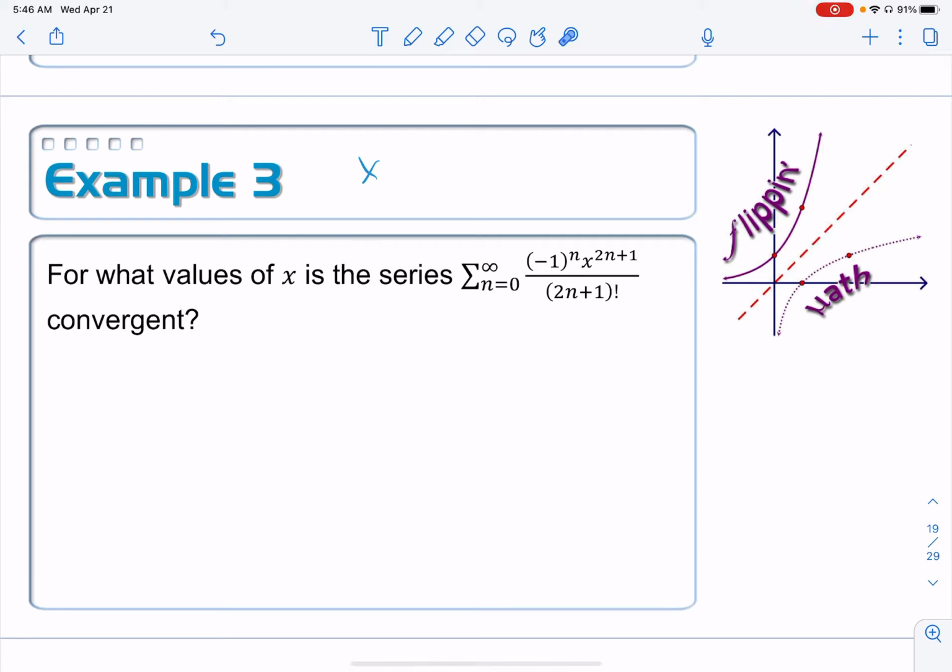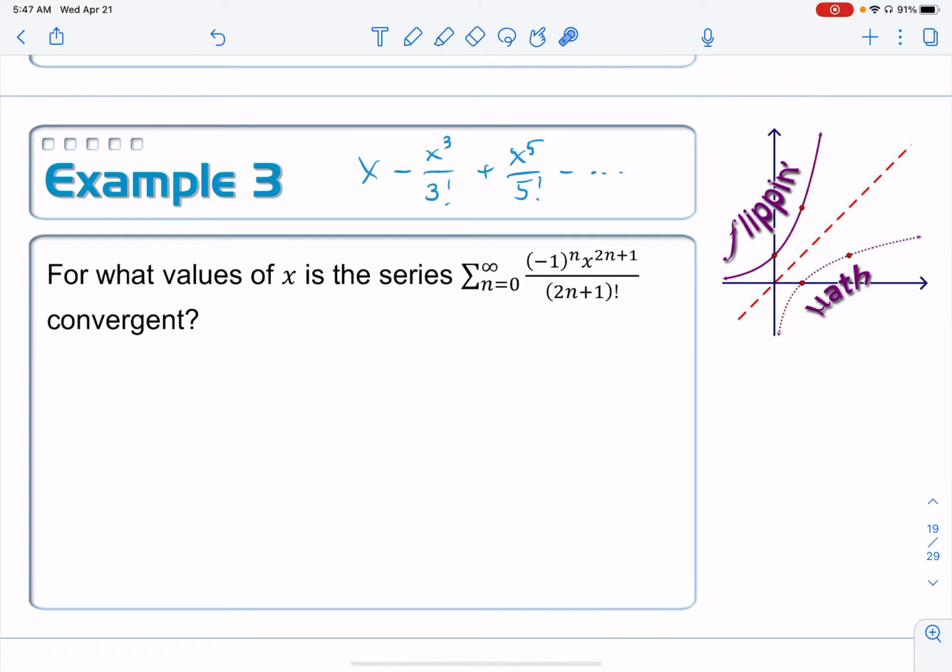If I stick in a 1, (-1) to the first, we keep that this time. 2 times 1 is 2, plus 1 is 3, and then this will be a 3 factorial: minus x cubed over 3 factorial. And let's stick in a 2. So (-1) squared is positive. 4 plus 1 is 5. And so plus x to the 5th over 5 factorial, minus, and so on.